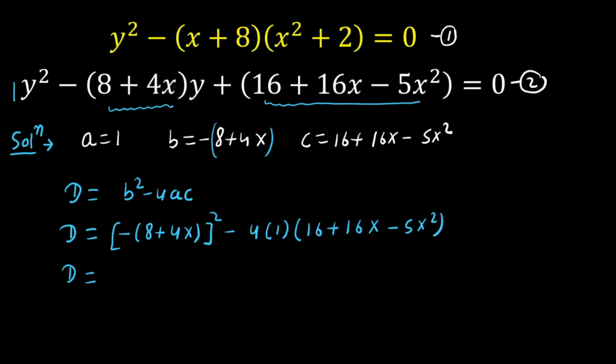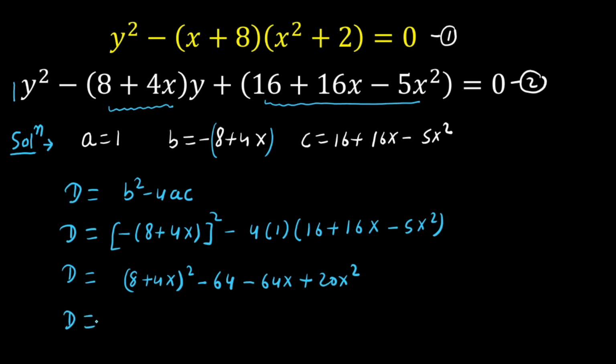Then D is equal to (8 plus 4x) whole square minus 4 multiplied by 1, then we get 4, and 4 multiplied by 16 gives 64, so here minus 64, and minus 4 multiplied by minus 16x gives minus 64x, and minus 4 multiplied by minus 5x square gives plus 20x square.